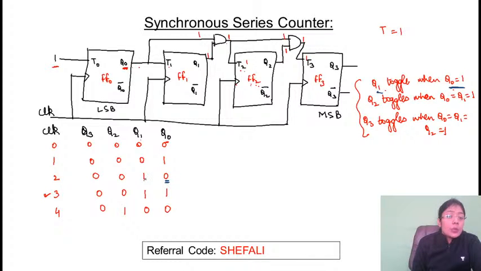Right? So it will not toggle. Whatever value it is containing, it remains the same. Clear? Q2 will toggle when the value of Q0 and Q1 both are 1, but it's not 1, so it remains the same. All the three values are not 1, so it remains the same.